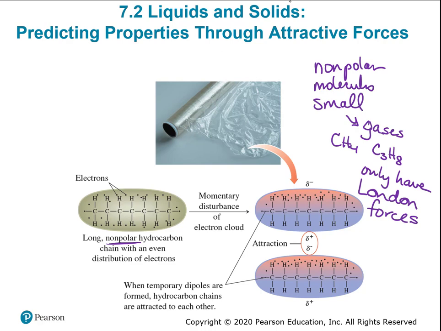So this one is 2, 4, 7. So this is like heptane. So if you have heptane molecules, they exist as a liquid at room temperature because they have these very, very weak attractive forces. Little hydrocarbons like methane, propane, they're gases at room temperature because these aren't strong enough to even have an effect on them. But big non-polar molecules may be a liquid at room temperature because of London forces.